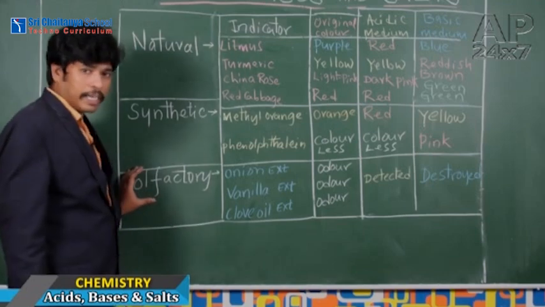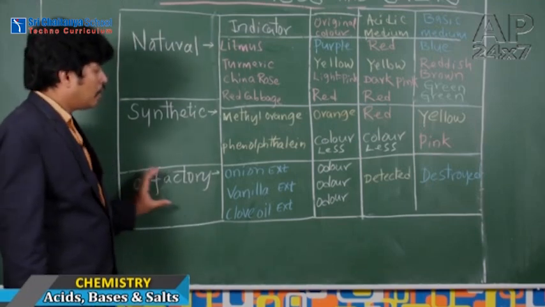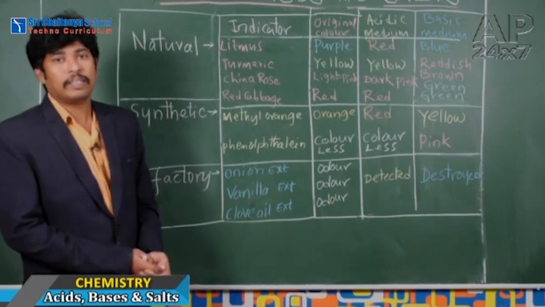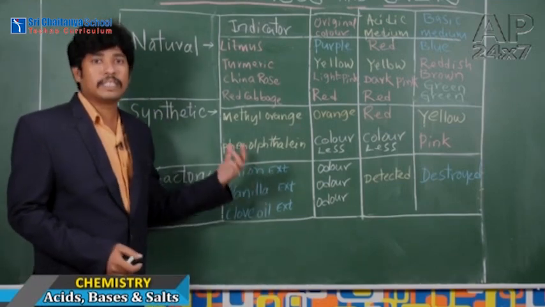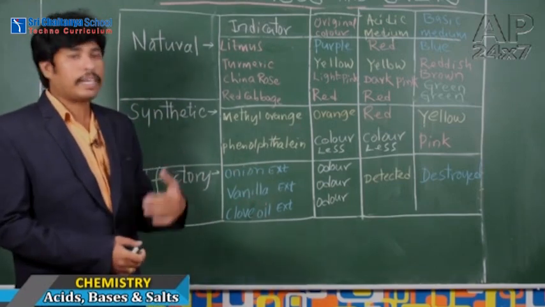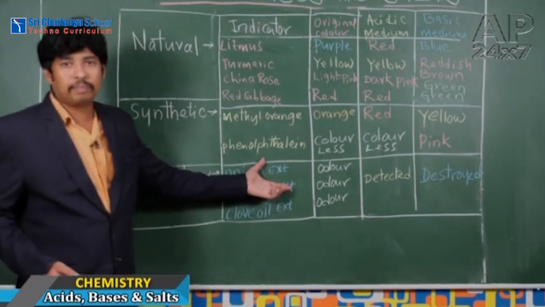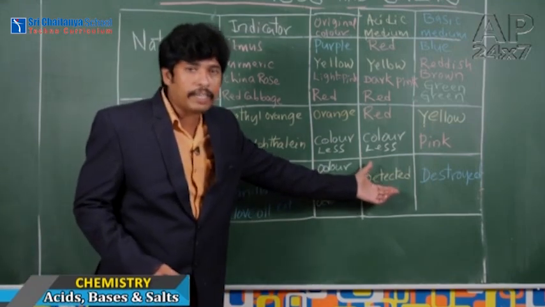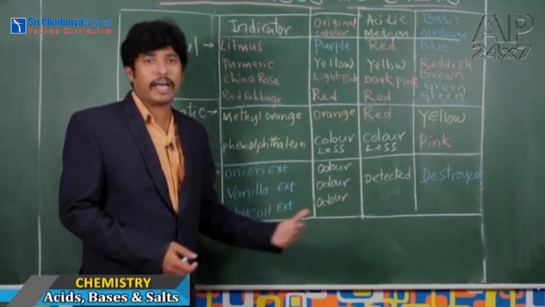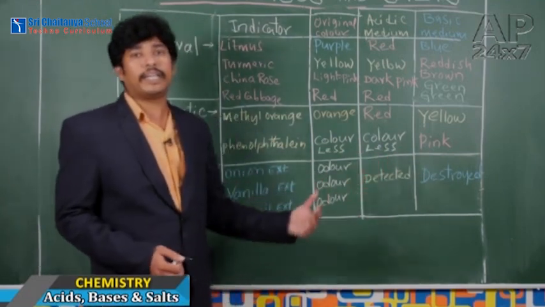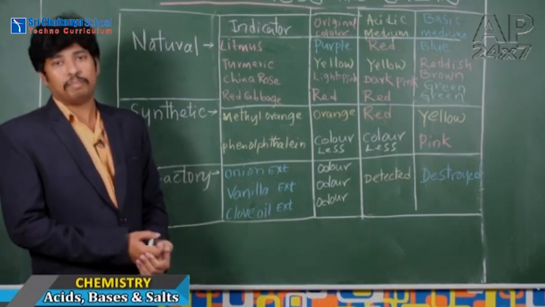And coming to the third category, olfactory indicators. So here I would like to generalize the observation of these indicators, since these work based on smell or odor. So what general conclusion we can give here is, in acidic medium the smell of these olfactory indicators can be detected as it is, but in the basic medium the smell of olfactory indicator can be destroyed by the bases.